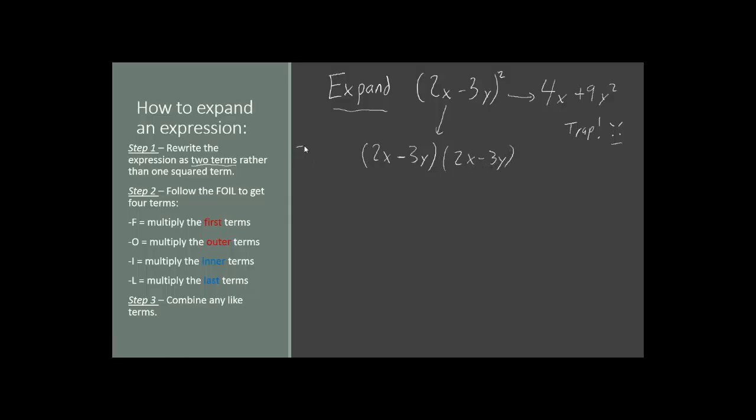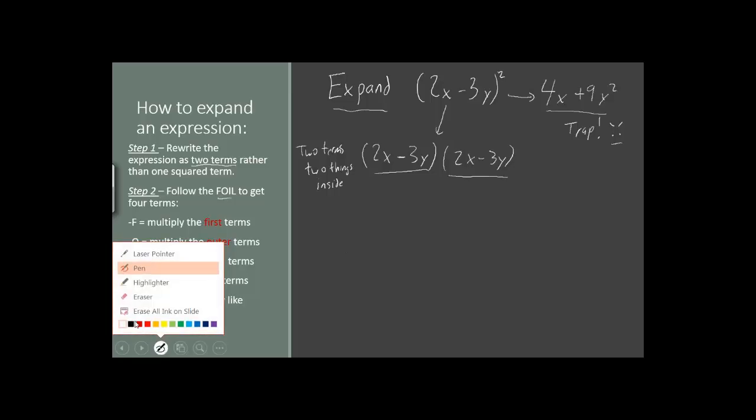So we have two terms with two things inside. And anytime you have two terms with two things inside, you have to use what's called the FOIL method. And the FOIL method will give you 4 terms, one for each letter, not 2 terms as we got in the trap answer up here at the top.